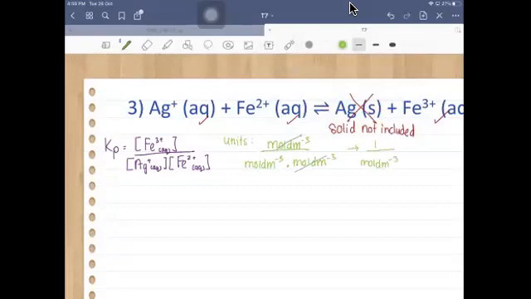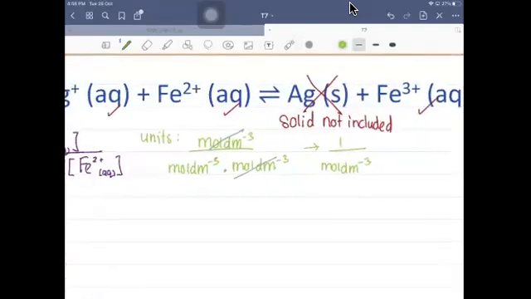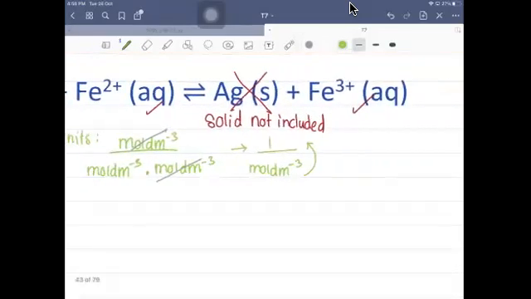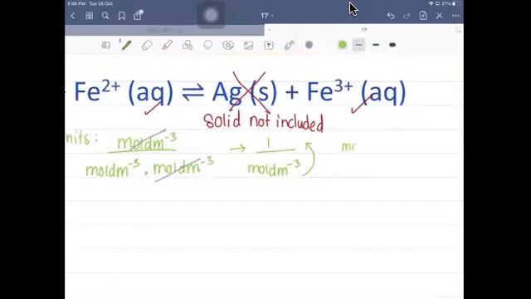And usually units, we don't leave it as 1 over. You bring that up, change the sign, mole minus 1, dm positive 3. Okay, so don't confuse this with mole per dm cube. This is dm cube per mole, and they are different.